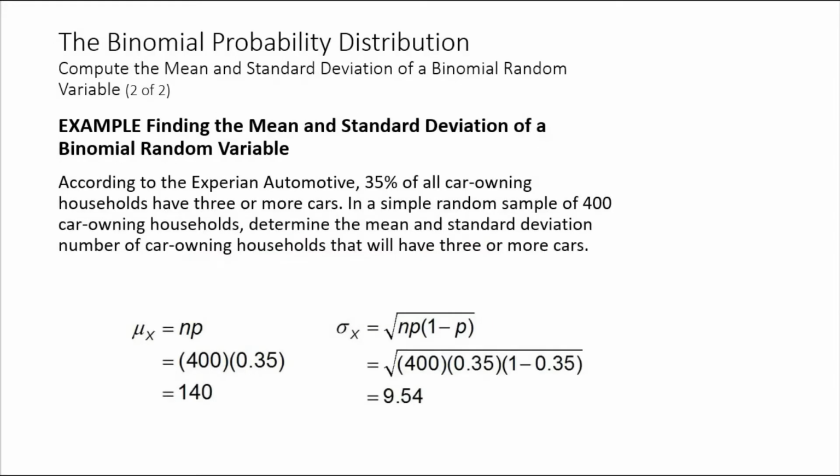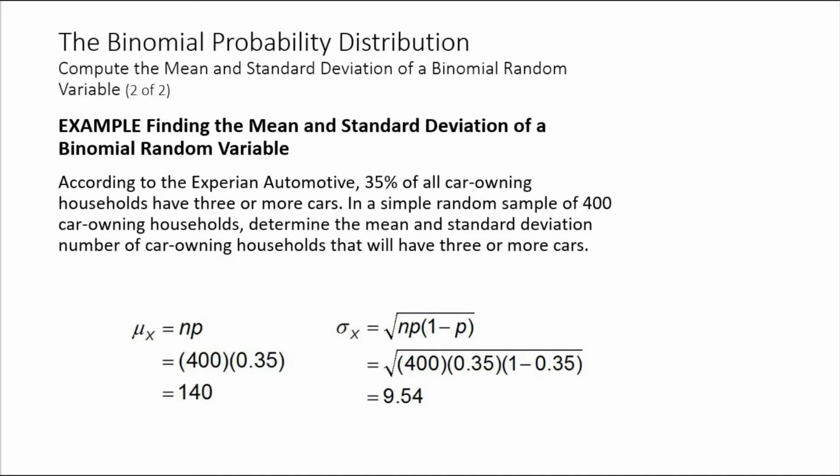I'll show you an example of how to compute the mean and the standard deviation. In this example, according to Experian Automotive, 35% of all car-owning households have 3 or more cars. In a simple random sample of 400 car-owning households, determine the mean and the standard deviation of the number of car-owning households that will have 3 or more cars.